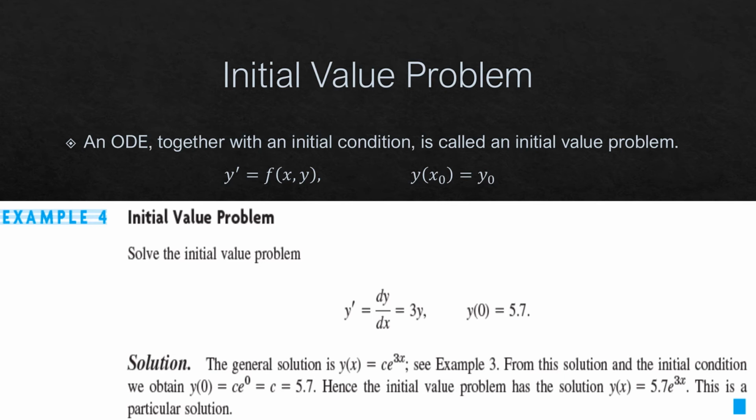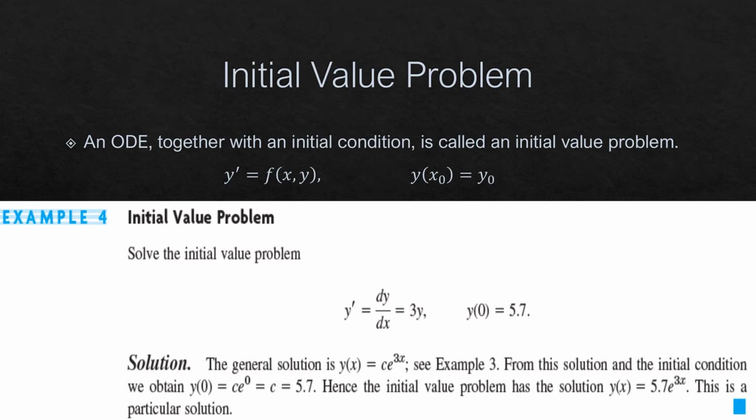If we look at an example of how we do that, for example, we have an initial value problem that is given as y dot equal to 3y and y(0) is 5.7. When we solve this equation, as you know, we get the solution y(x) equal to c exponential 3x. Now, to calculate the value of c, we use the initial condition. The initial condition says that when x is 0, the value of y is 5.7.